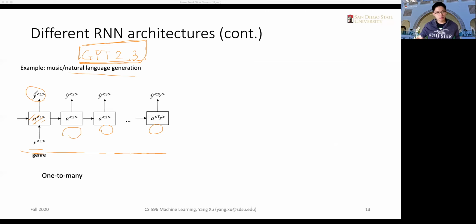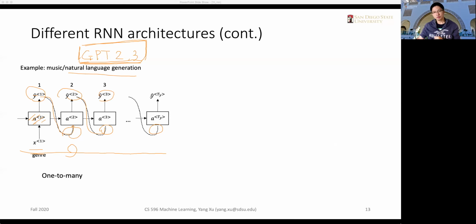Okay, so you see that we have y hat 1 here. This y hat 1 is used in the next step. We don't require external inputs at time step 2. We just use the prediction from the previous time step as the input for the next time step, and then we generate y hat 2, which is the second generated word, and it will be fed into the network to generate the third.